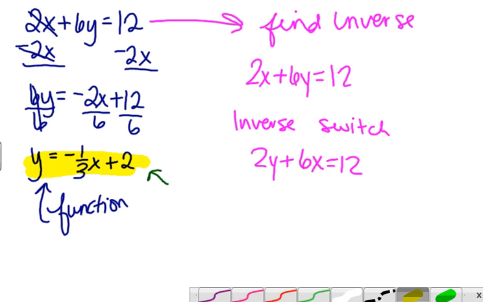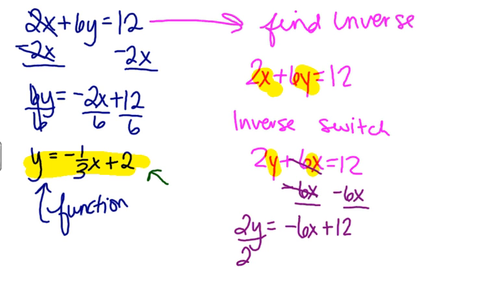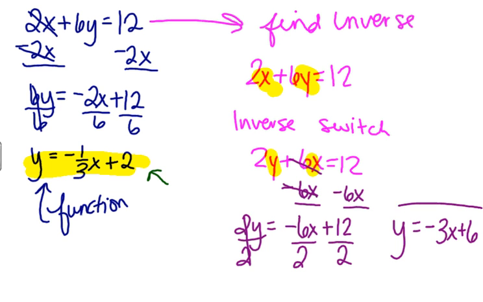Switch my x's, switch my y's. Now I still want to get y by itself. So minus 6x, minus 6x. So I've got 2y equals negative 6x plus 12. Divide by 2, divide by 2, divide by 2. So we have y equals negative 3x plus 6 for your inverse.